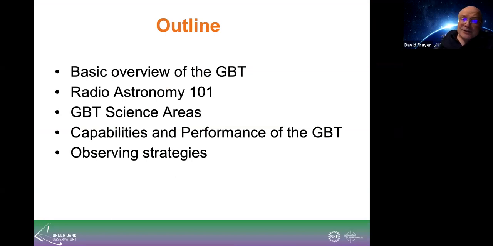Then I'm just going to do a show and tell of some of the GBT science areas, just to see the types of things that scientists around the world use the GBT for. Then we'll get more into the nuts and bolts, the capabilities and performance of the GBT. And then we'll get into some practical aspects, such as observing strategies based on what you're trying to do, because you're observing tonight. You'll be broken up into teams this afternoon, and you have to figure out what you want to do tonight.